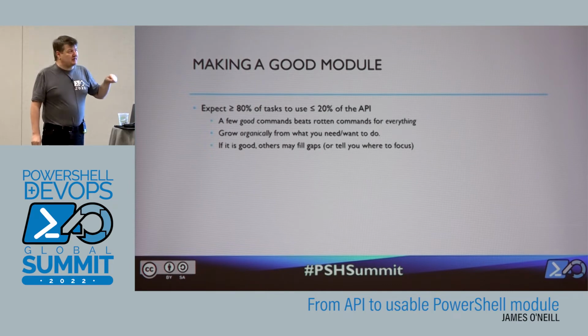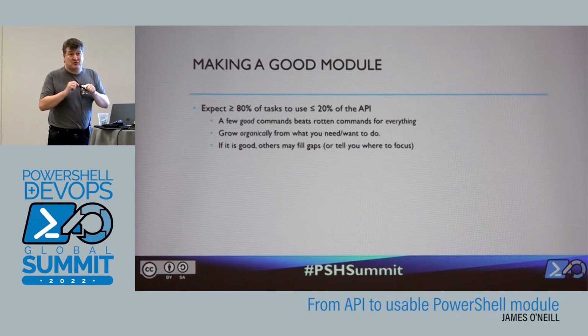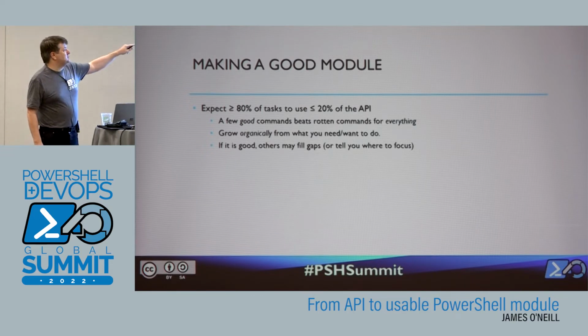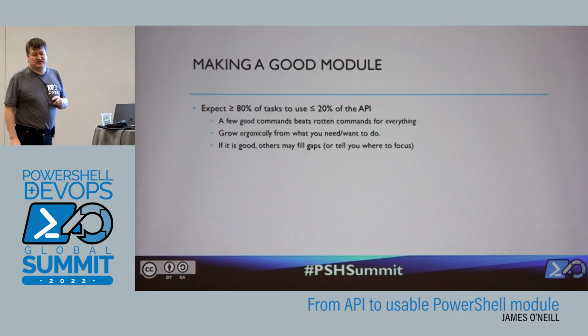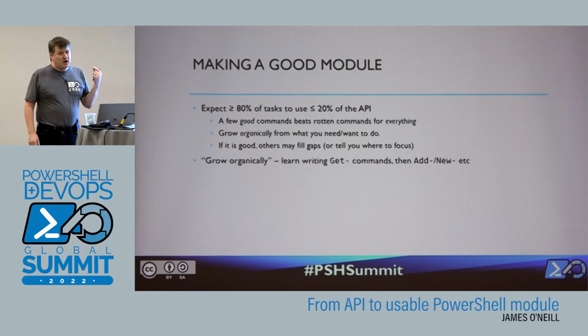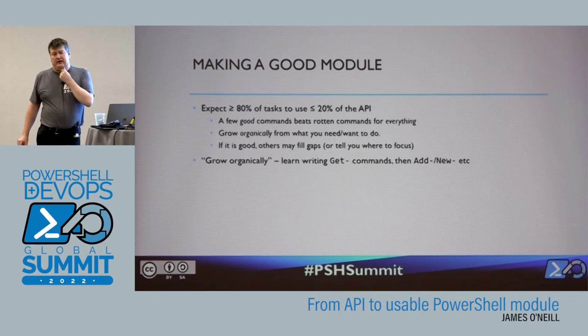So I'll come back to grow organically on the next point. But if you produce something and it's good, then other people will come along and say, it's great as far as it's gone, but could you just add this bit? And that might tell you the extra little bit of the API that you need to cover rather than trying to fill in the 100%. And growing organically, we saw it in the earlier slide. We can make calls to get information really easily.